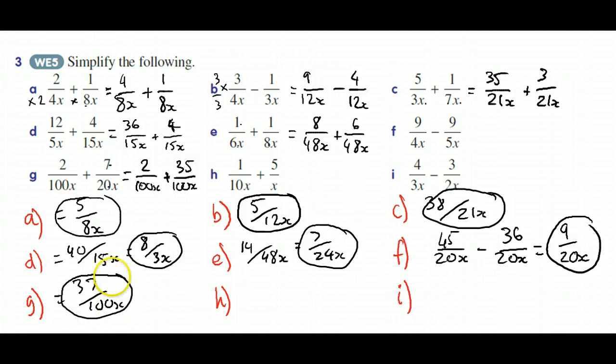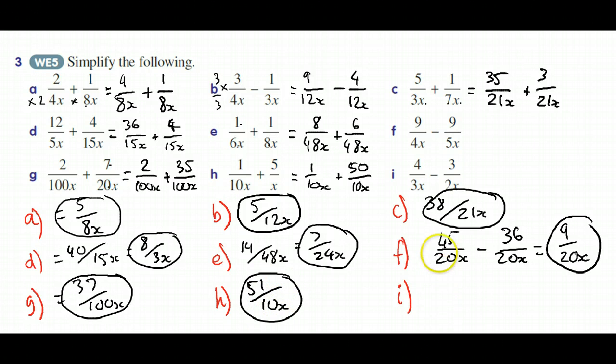100x. Can't simplify that. In this one, lowest common multiple will be 10x, so that will stay the same, 1 over 10x, but this has to be multiplied by 10 on top and bottom, so that becomes 51 over 10x.